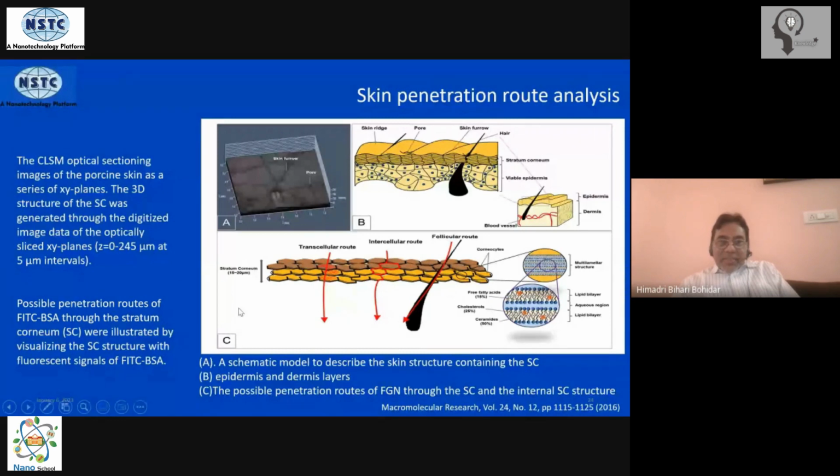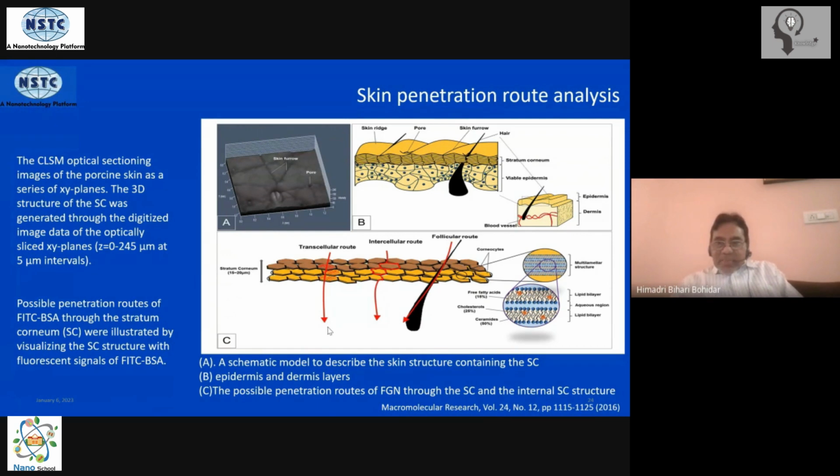The typical stratum corneum's thickness is about 15 to 20 microns. So the drug molecule has to pass through this, percolate through this, and permeate deeper. There are three possible routes: a transcellular route, or intercellular route, or follicular route.